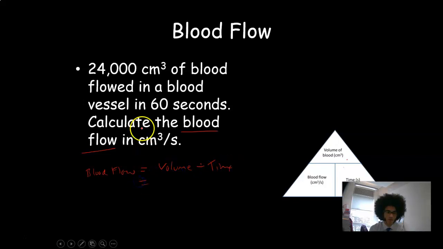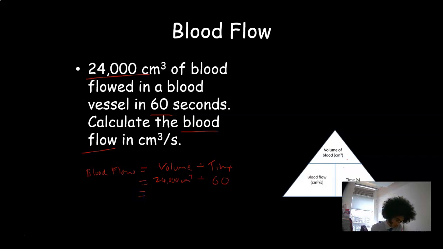Now my volume is 24,000 centimetre cubed, and my time is 60 seconds. So I do 24,000 divided by 60, and that gives me 400, and I don't forget the unit, it's centimetre cubed per second.